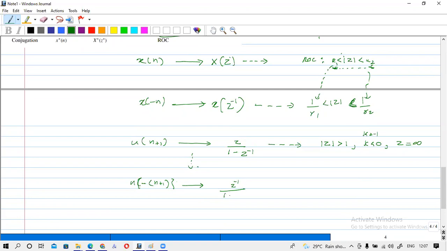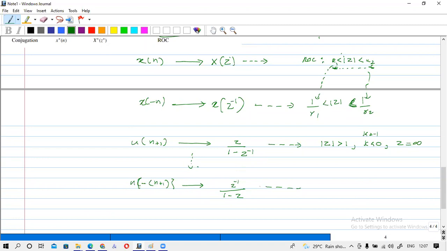So you can see that this will be 1 by z. If it is 1 by z, it should be 1 by z minus 1, and 1 by z minus 1 means z. So z minus 1 will become z. Okay, so this is our time reverse signal.